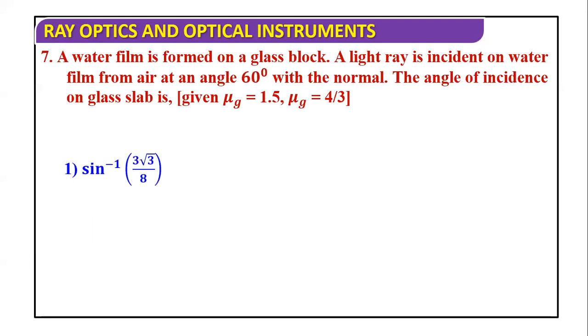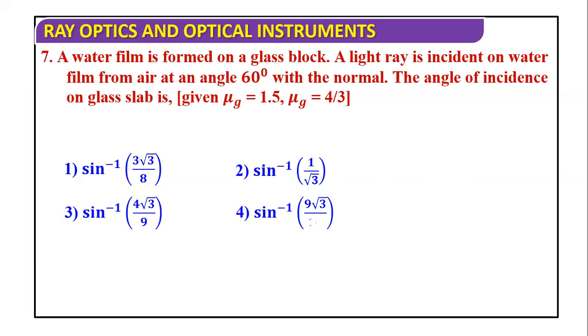Let us see the next question. A water film is formed on a glass block. A light ray is incident on the water film from air at an angle of 60 degree with the normal. The angle of incidence on the glass slab is?